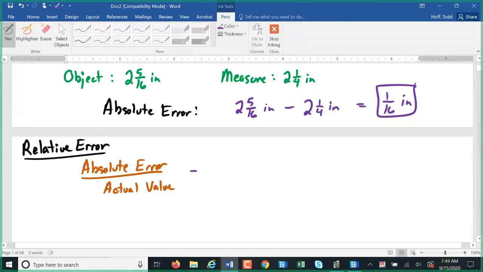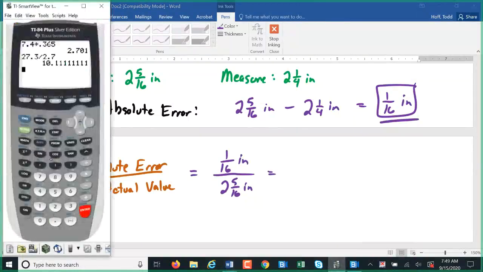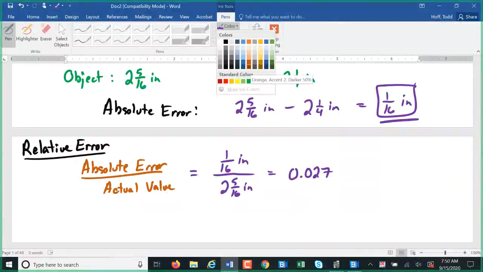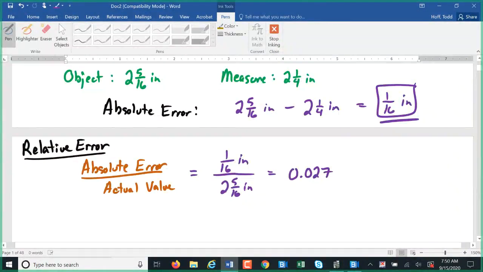So for our example up here, we had an absolute error of a 1/16 of an inch divided by our actual value of 2 5/16 inches, which gives us 0.027 as our relative error. Notice there are no units on that. The units should divide out. Inches divided by inches cancel out to give us a relative error.